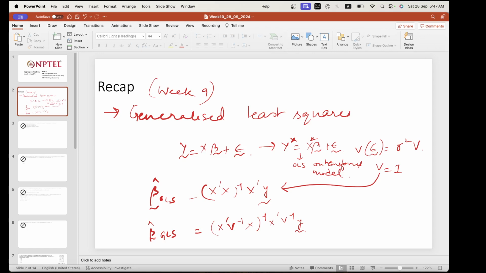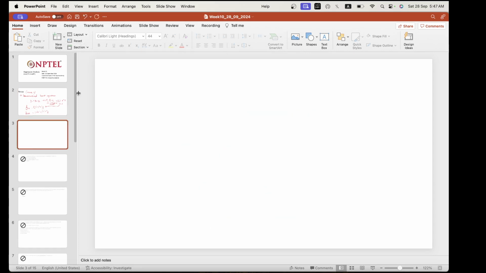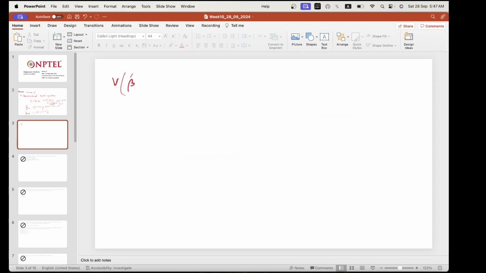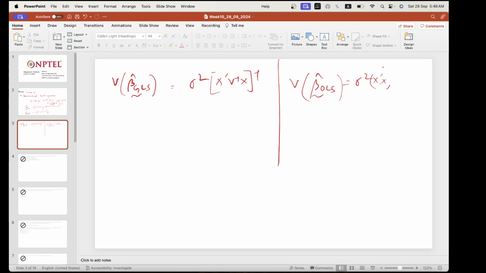And then after applying these sorts of transformations, we got the GLS estimate of beta as this thing, and also we found out that variance of beta hat GLS is nothing but sigma square x transpose V inverse x inverse, whereas variance of beta hat OLS was sigma square x transpose x inverse.